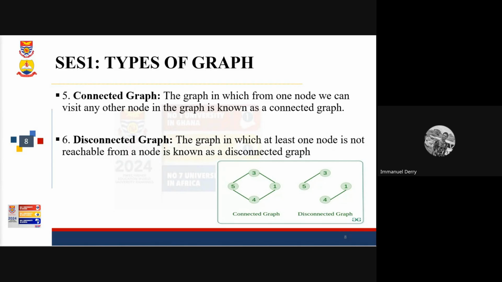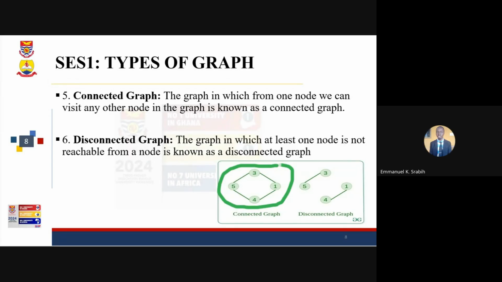So assuming that you get this image that I've circled in a question, and you are asked to say which type of graph it is, you have two options. Either you go for connected graph or you go for undirected graph. Either answer is correct.